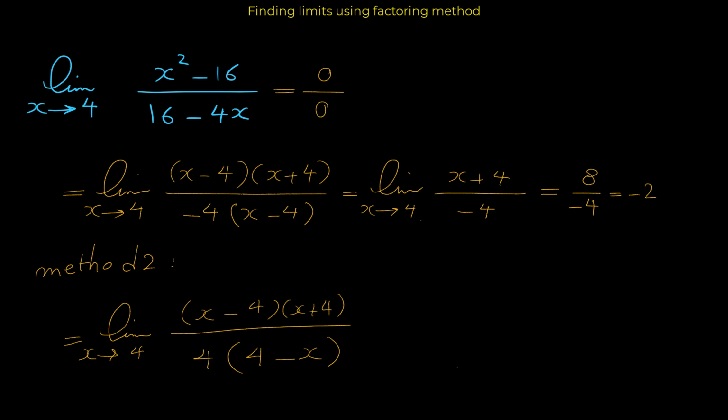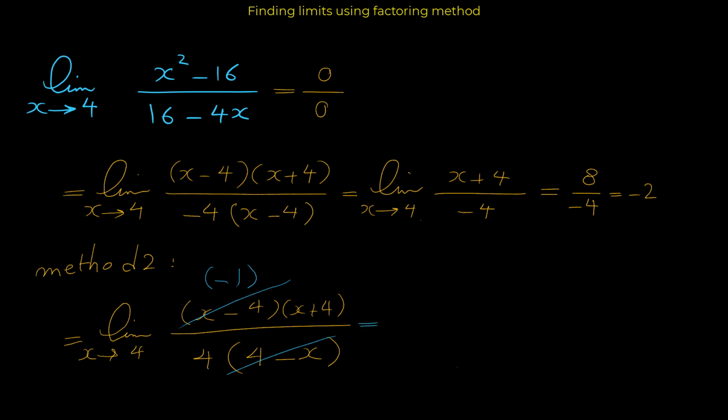The same thing is true here. We cancel x minus 4 from the top with 4 minus x from the bottom. But remember, when you do this, don't forget to put a negative in the top or the bottom, it doesn't matter. I prefer to put negative 1 here. Because they are not exactly the same, a negative remains.